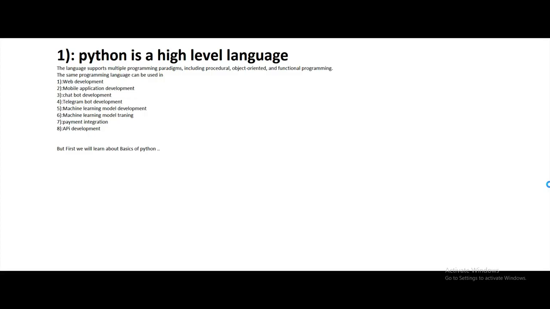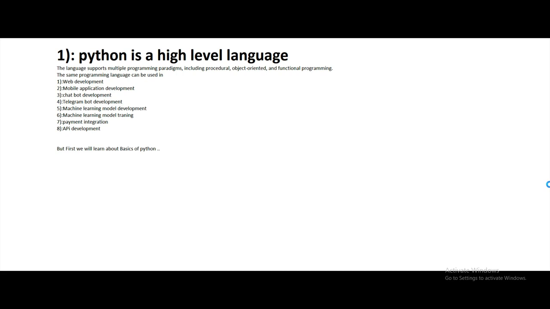Now, first of all, Python is a high level language. What is a high level language? High level language means the language with syntax close to human language and far away from machine language. Basically, the syntax is familiar to the English that we speak in our daily lives.